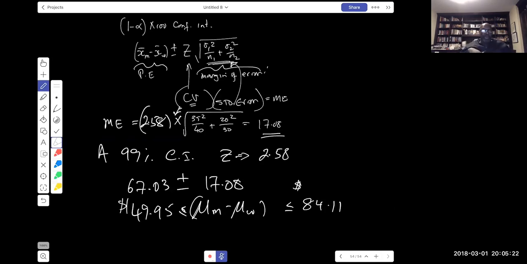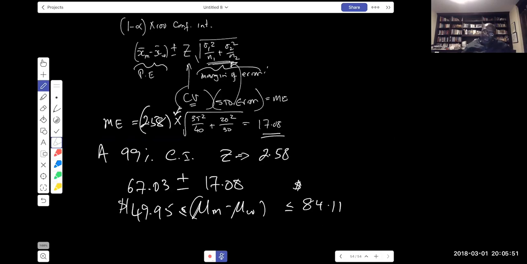So if there's no zero in the interval, it means that the two things cannot be equal. One has to be bigger than the other. So since both values are positive, we have evidence that mu M is larger than mu W, because for any value in that interval to be positive, mu M must be the larger one. All right?